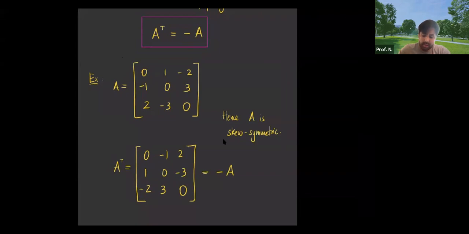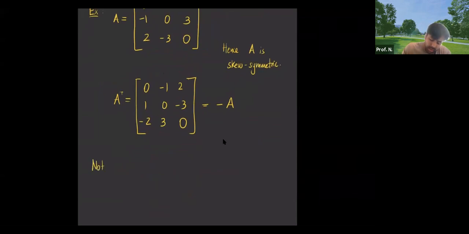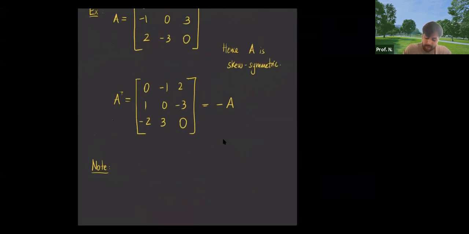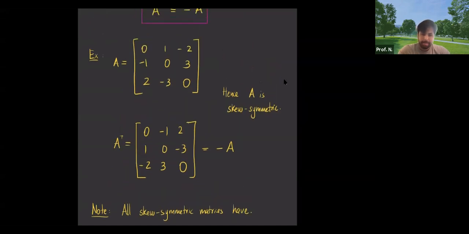And one thing you should notice about skew symmetric matrices, where this property is not necessarily true for symmetric matrices, is that all skew symmetric matrices have something about the diagonal.